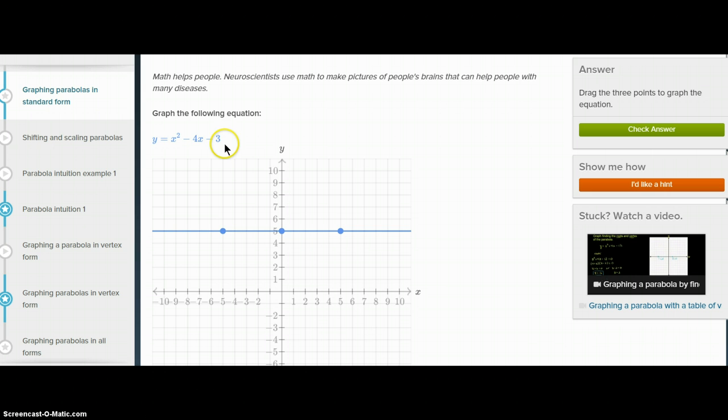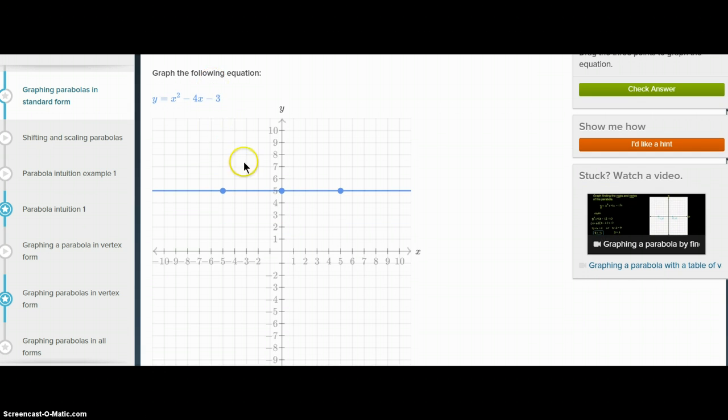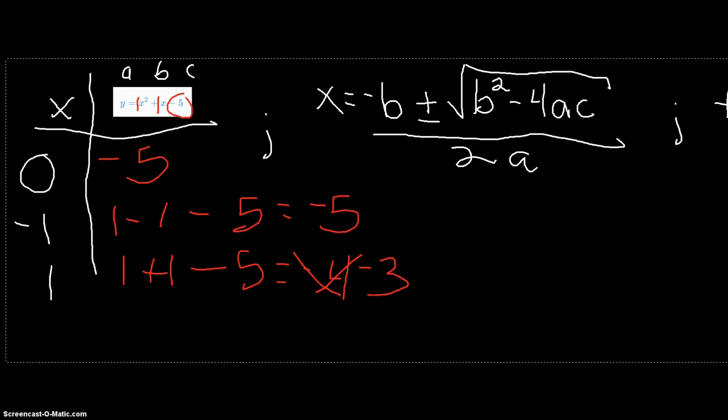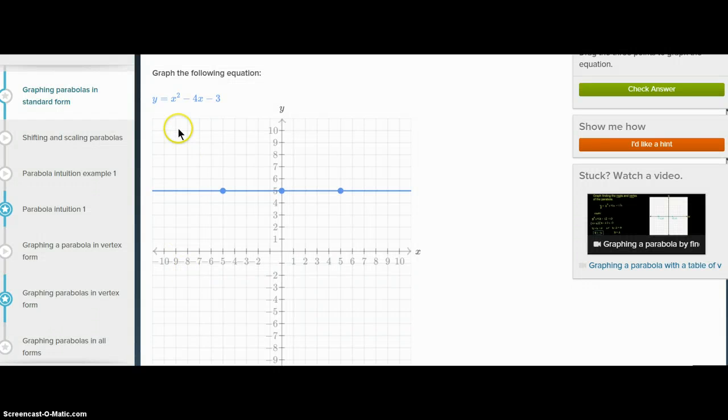I'm not seeing anything, so it looks like we could either do the quadratic or the table. And for the sake of time, let's just do the table. So we have our function x squared minus 4x minus 3.